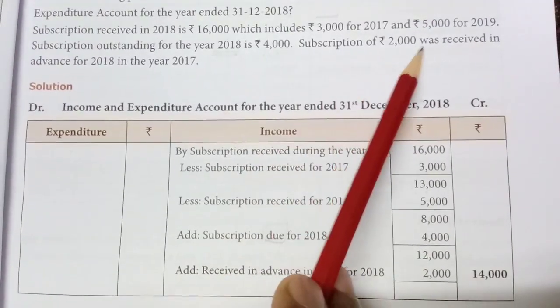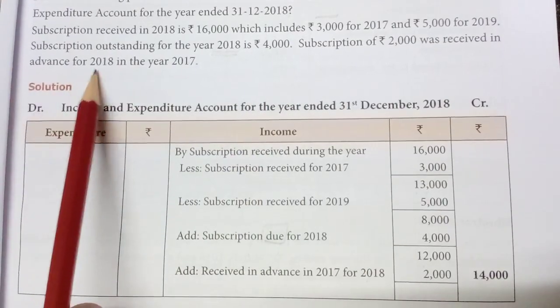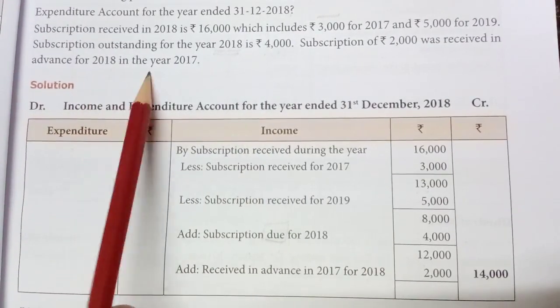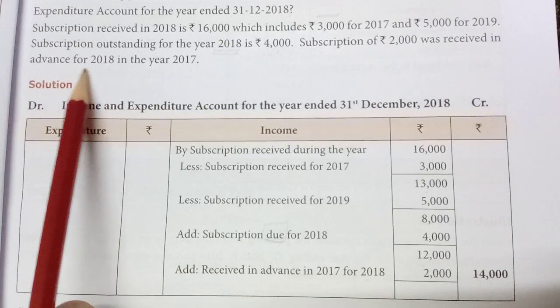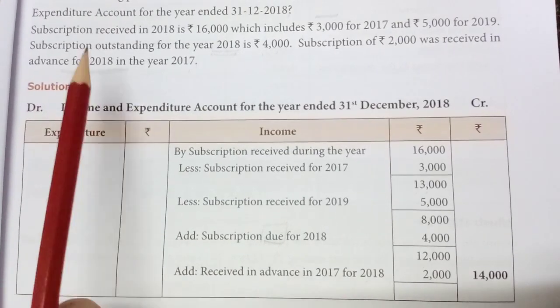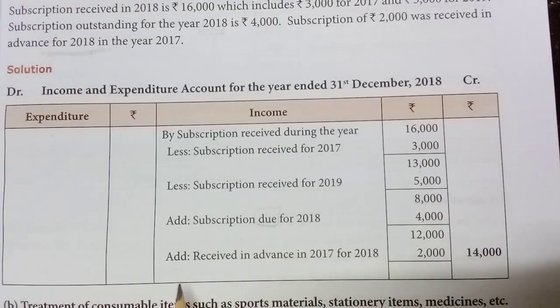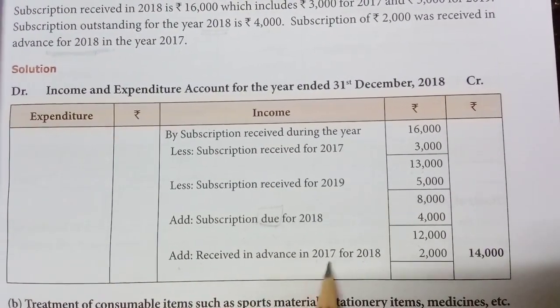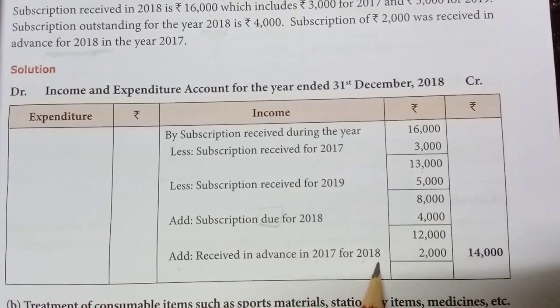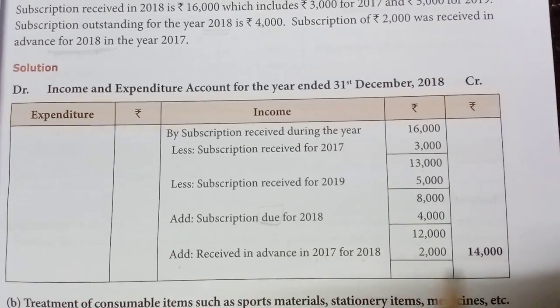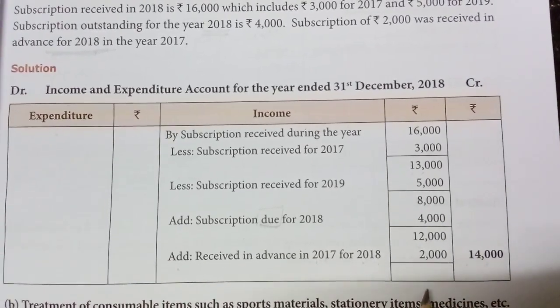Then subscription of 2,000 was received in advance for 18 in the year 17. So this is related to this year, 18. So that also must be added. So add received in advance in 2017 for 2018. So 2,000 we should add, and 14,000 we have got.